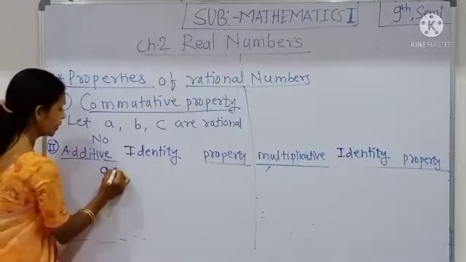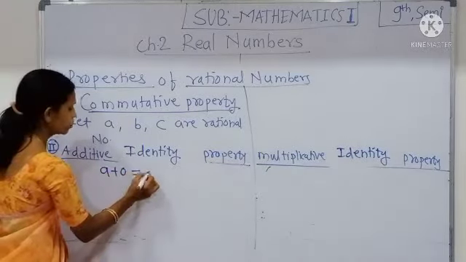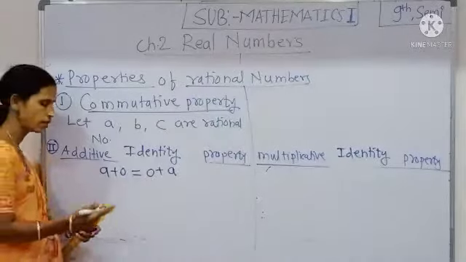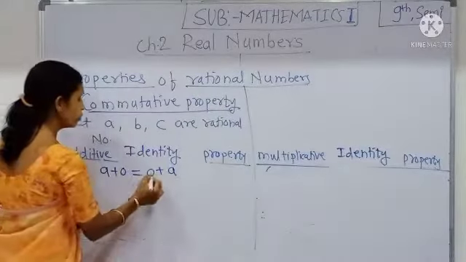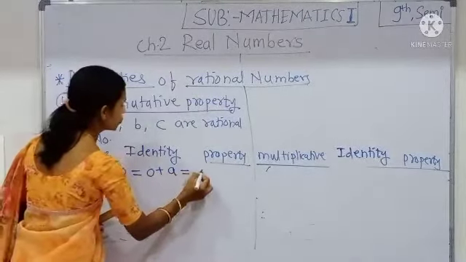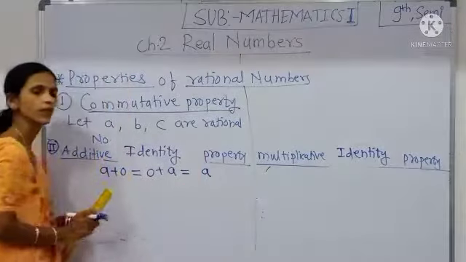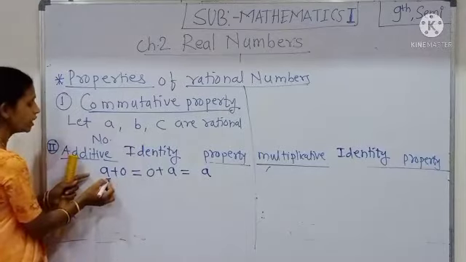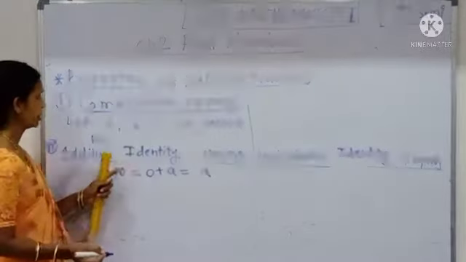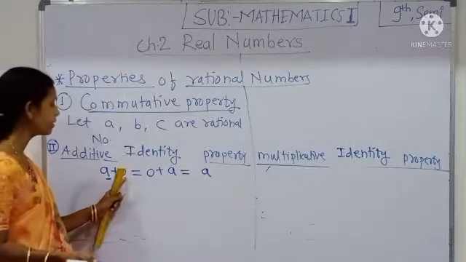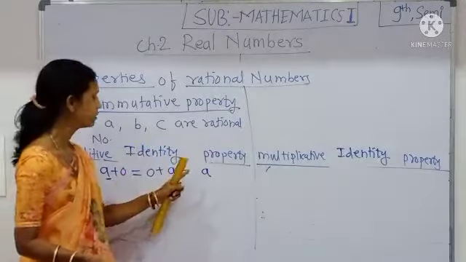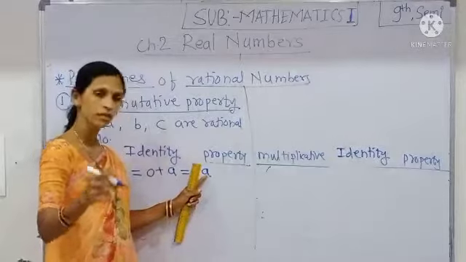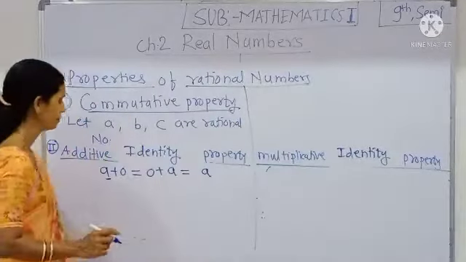Here A plus 0 is equals to 0 plus A, and here A plus 0 or 0 plus A is equals to A. Any rational number in which 0 is added, the result is that rational number.